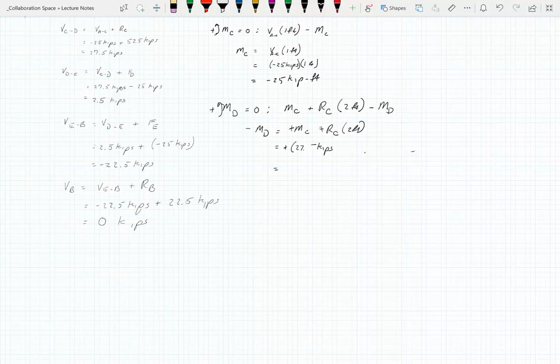Sorry, Patrick. Good. 3 feet, right? Because we got to get that area plus the reaction at C, which was 52.5 kips times 2 feet.